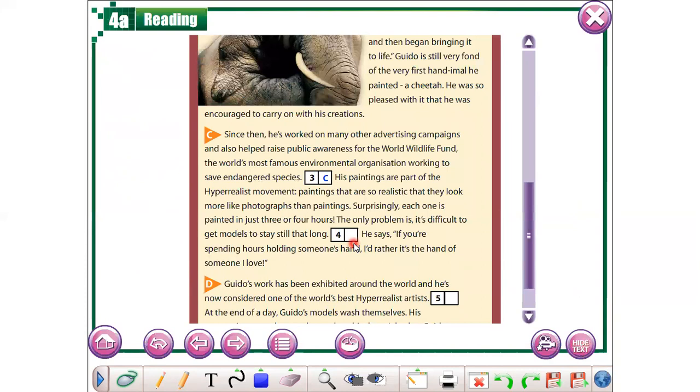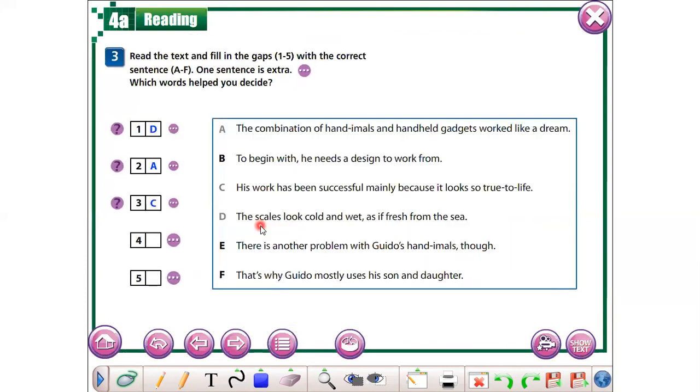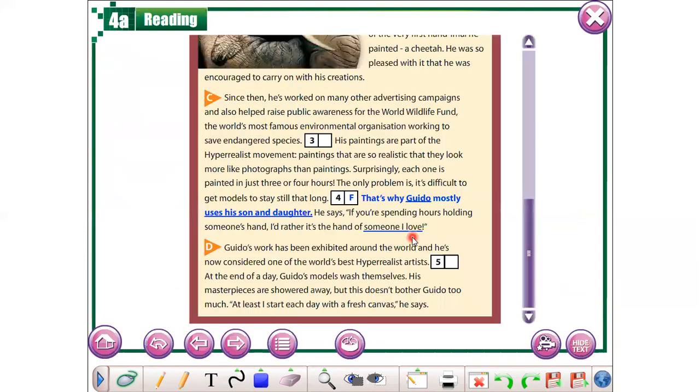Let's see if we find a sentence that makes reference to a person staying still for a long time. Letter F: that's why Guido mostly uses his son and daughter. And this is the correct answer. Why? Because they mention someone I love. And obviously, Guido loves his son and daughter, okay?